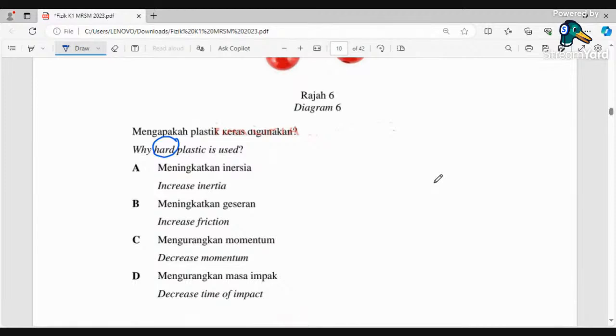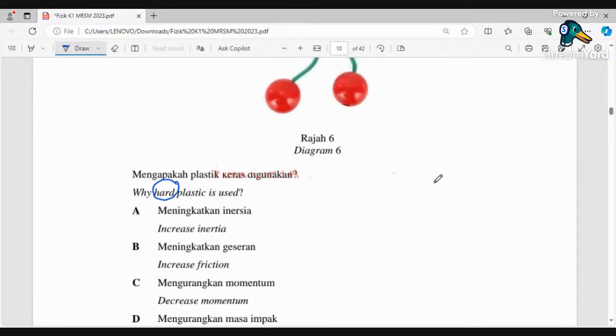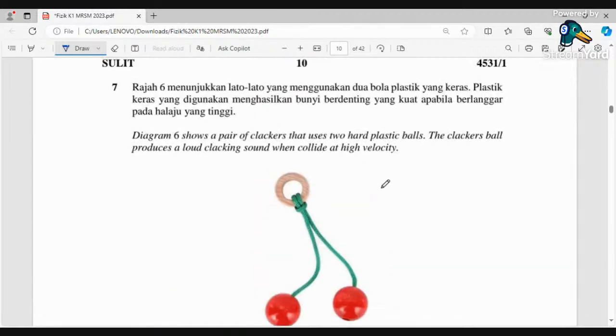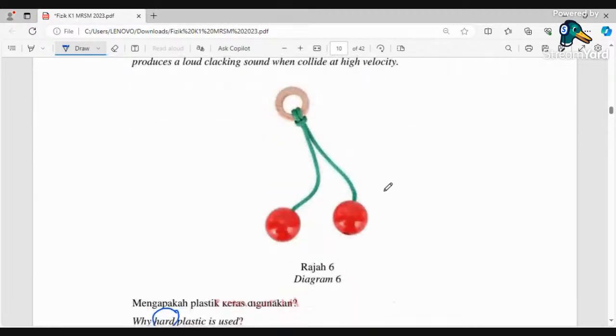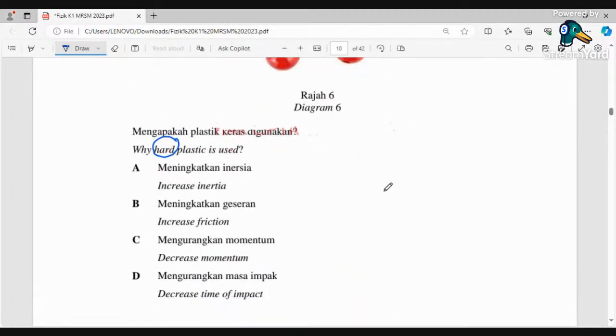The word hard means to produce a strong force between the two clackers or the two balls when they collide. Okay, so we can hear a loud sound. So hard plastic.